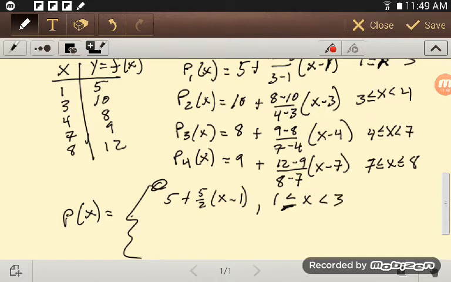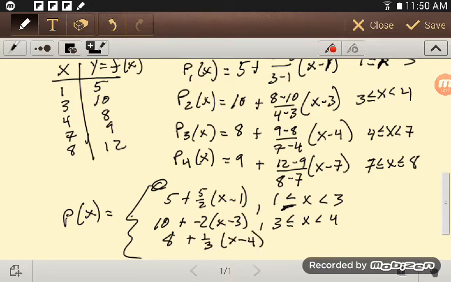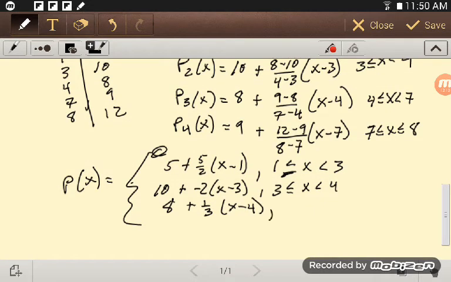And then we had 10 plus negative 2 times x minus 3. And that was from 3 to 4. And then we had 8 plus 1/3 x minus 4. 4 less than or equal to x less than 7.